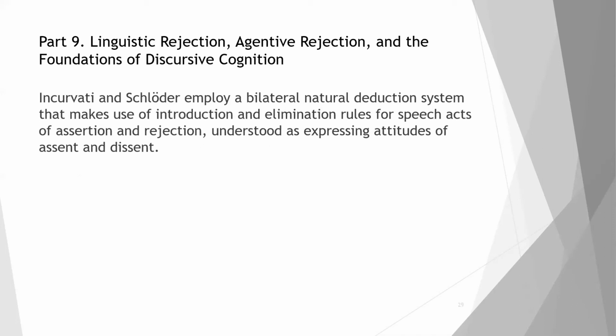But not only do you need single-mindedness, which involves what I call agentive rejection, where I'm rejecting choices, you also need linguistic denial as a proof of that interlinguistic word-word relation. So that's in the background.